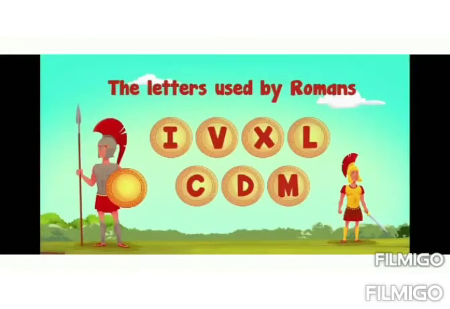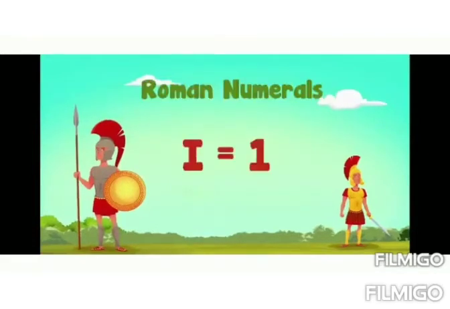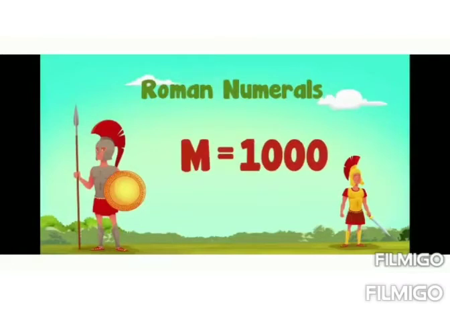In Roman numerals, I is equal to 1, V is equal to 5, X is equal to 10, L equals 50, C equals 100, D equals 500, M equals 1000.